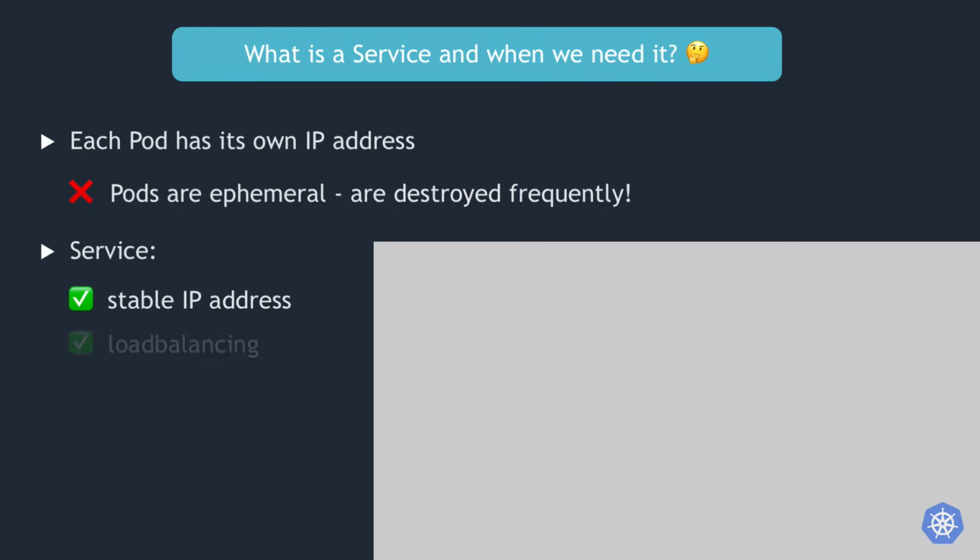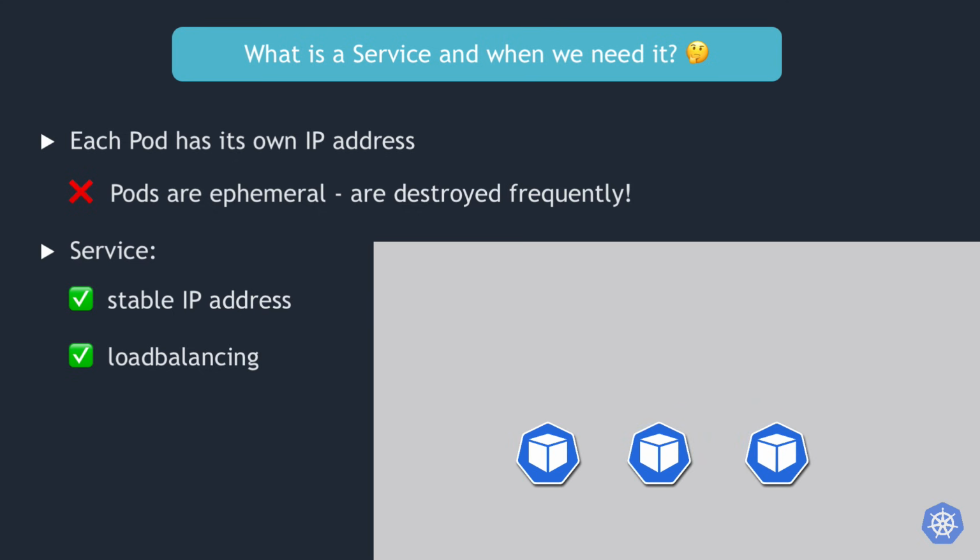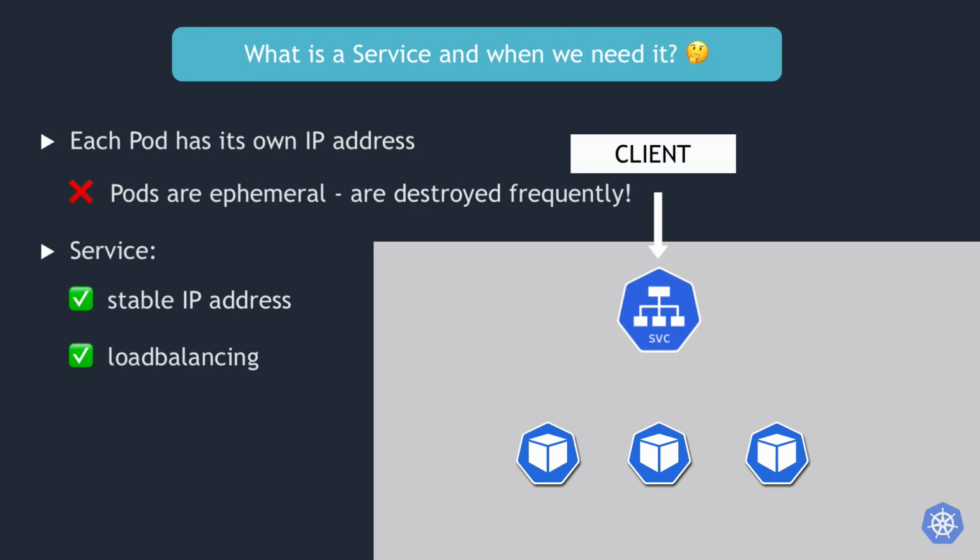A service also provides load balancing, because when you have pod replicas, for example, 3 replicas of your microservice application or 3 replicas of MySQL application, the service will basically get each request targeted to that MySQL or your microservice application and then forward it to one of those pods. So clients can call a single stable IP address instead of calling each pod individually.